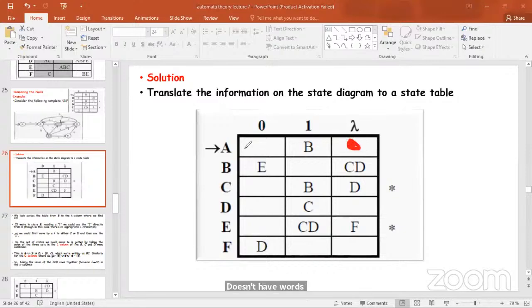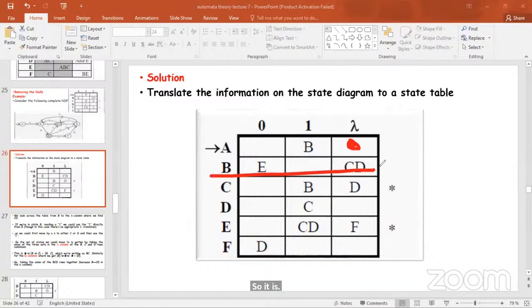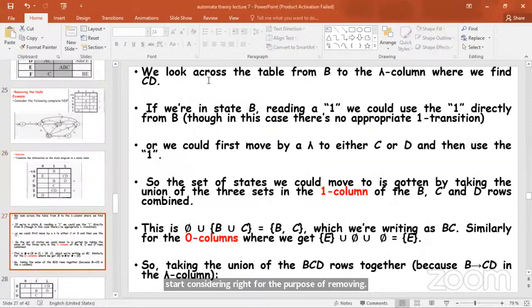So it is not considered as the first, but the first one that has something connected with lambda is what we now start considering, for the purpose of removing the null. So it says we look across the table from B to the lambda column where we find C, D.